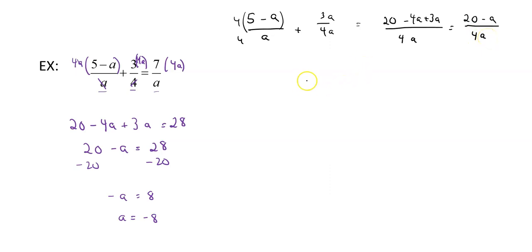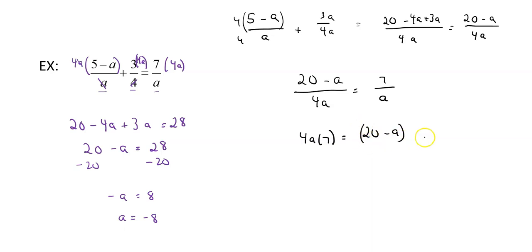And now we can set up a cross multiply situation. The left-hand side as a single fraction is 20 minus a over 4a. The other side was 7 over a, and we cross multiply. 4a times 7 equals 20 minus a times a.